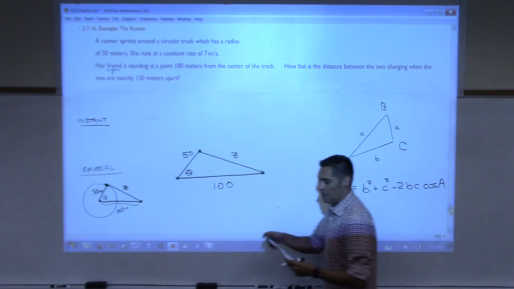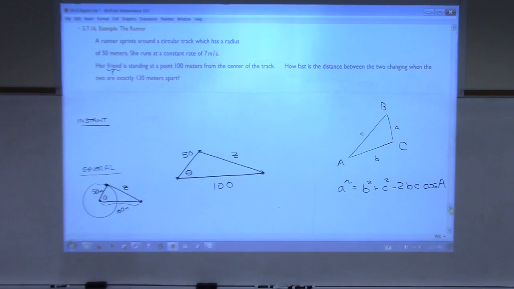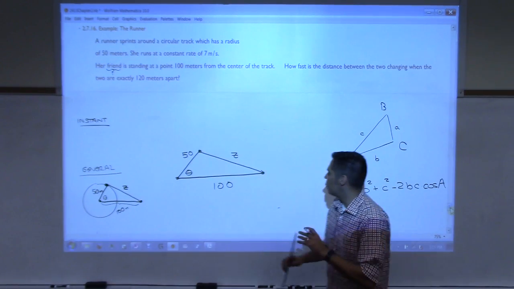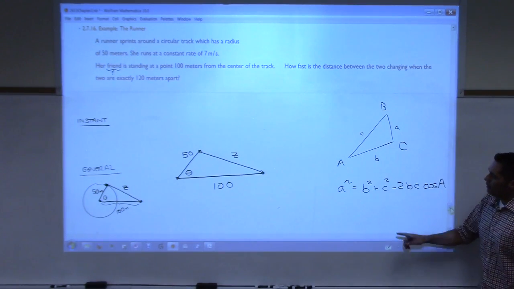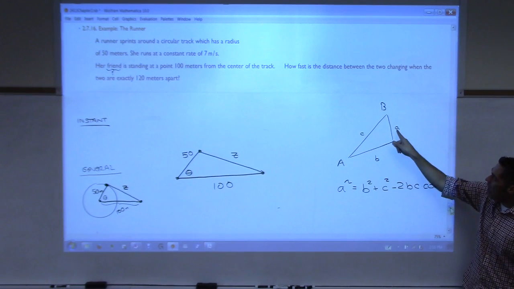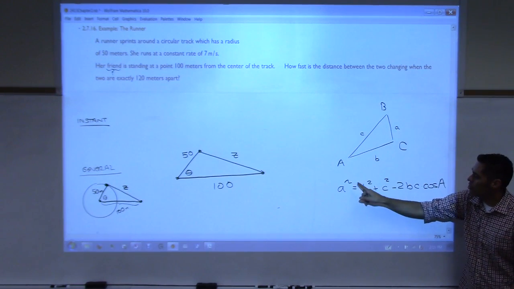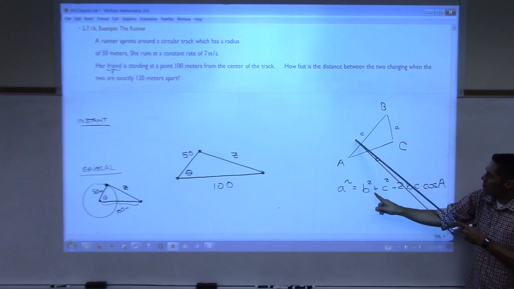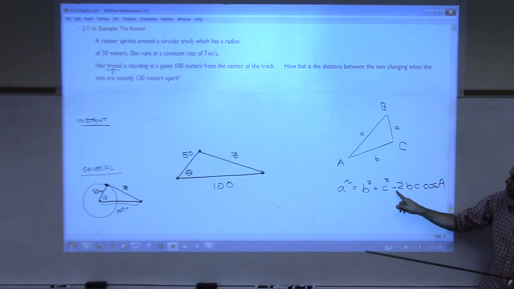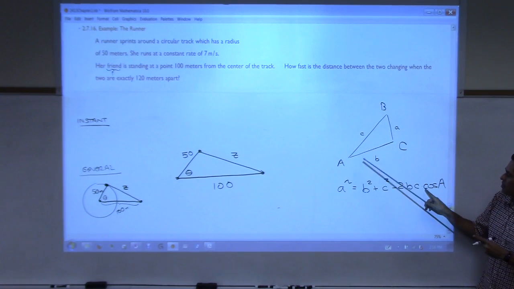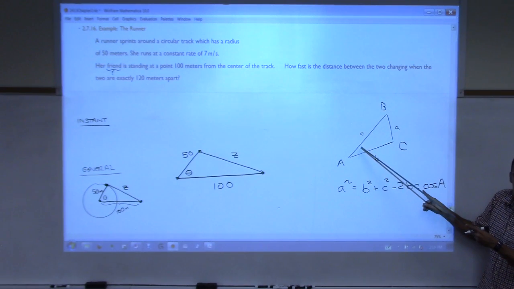All right. And there's 2 other equivalent formulas. But here's what the law of cosines says, or what we use it for. If you're trying to find this side of a triangle, a squared, that side right there, squared, should be equal to this side squared plus this side squared minus 2 times this side times that side times cosine of this angle.